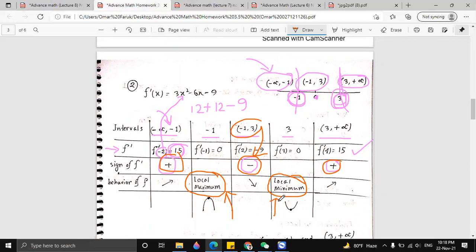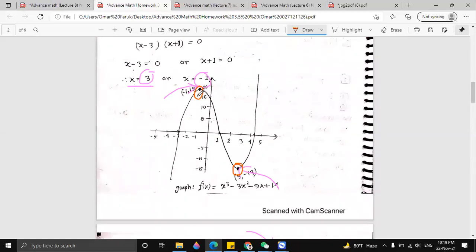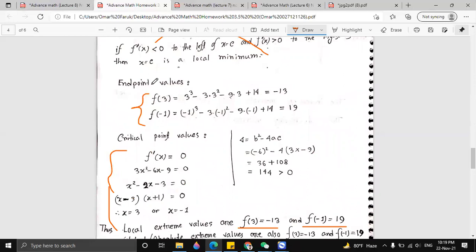Okay, guys. So we saw it in the graph, but how do we find it mathematically? It is very simple. Previously we got our critical points, one is 3 and another one is minus 1, right? So we calculate f of 3 and f of minus 1. f of 3 is equal to minus 13, and f of minus 1 is equal to 19, right?